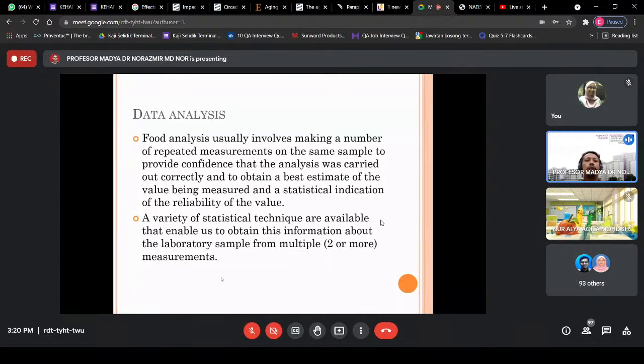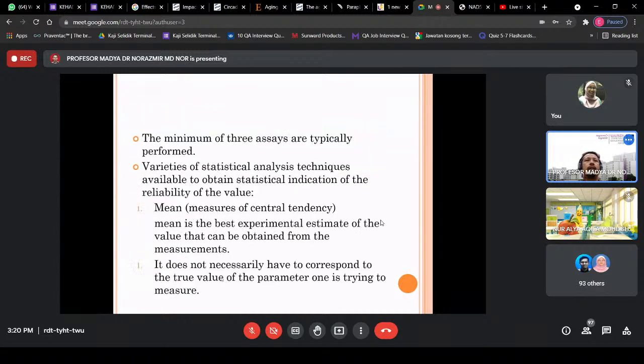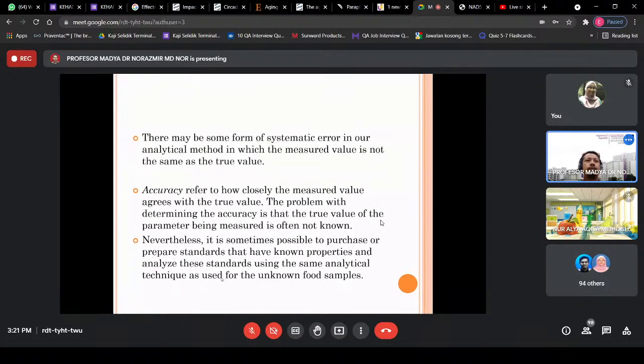Normally we do 2 or more measurements per sample to make sure the data is accurate. So we get the mean. After that, we get the mean reading, mean result for the measurement.